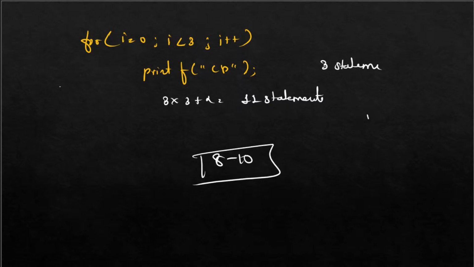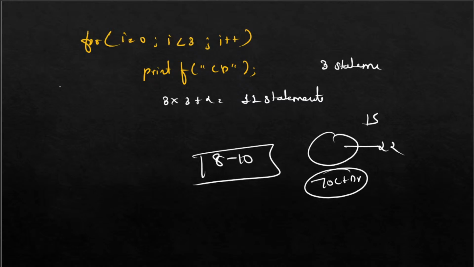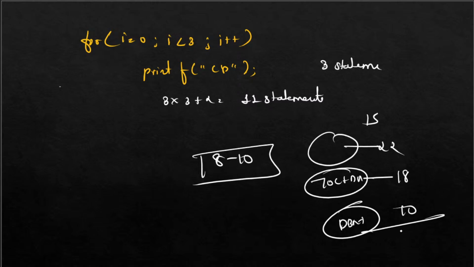So if you know aptitude well, if you know the whole programming well, if you know TOC, CD well, and if you know DBMS well, 10 marks. So add up this, everyone. What is the total of these marks? 15 plus 22 plus 18 plus 10, 65.